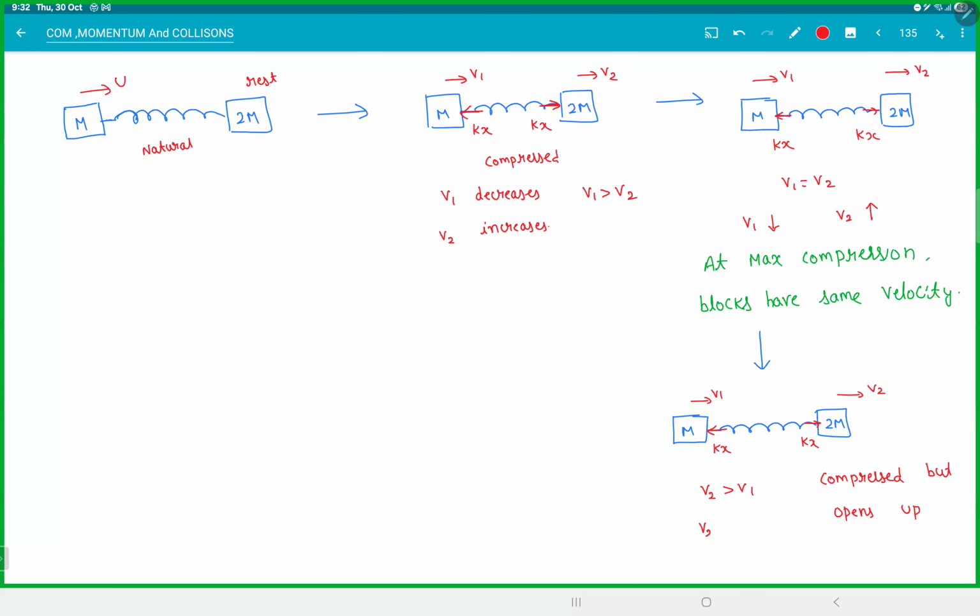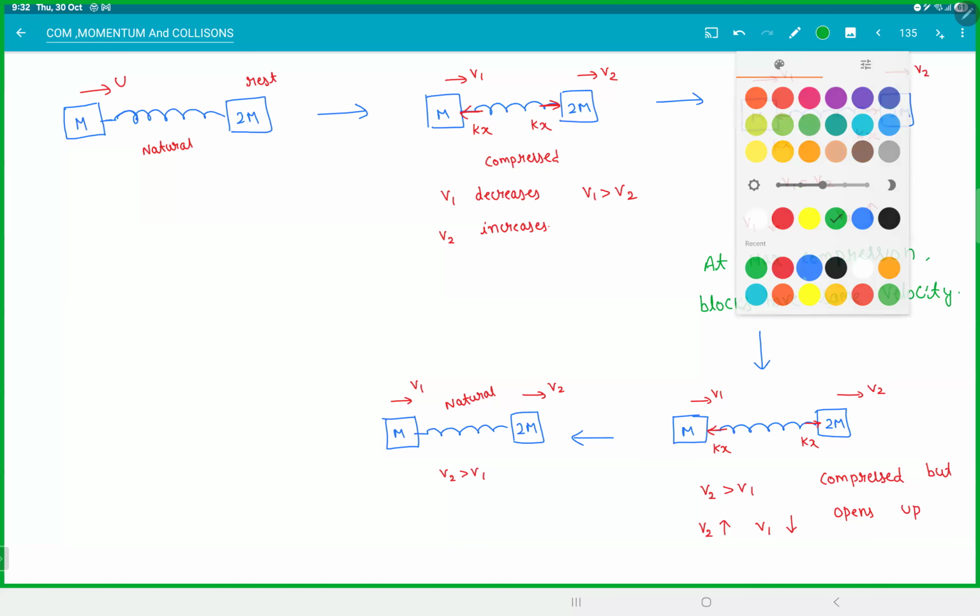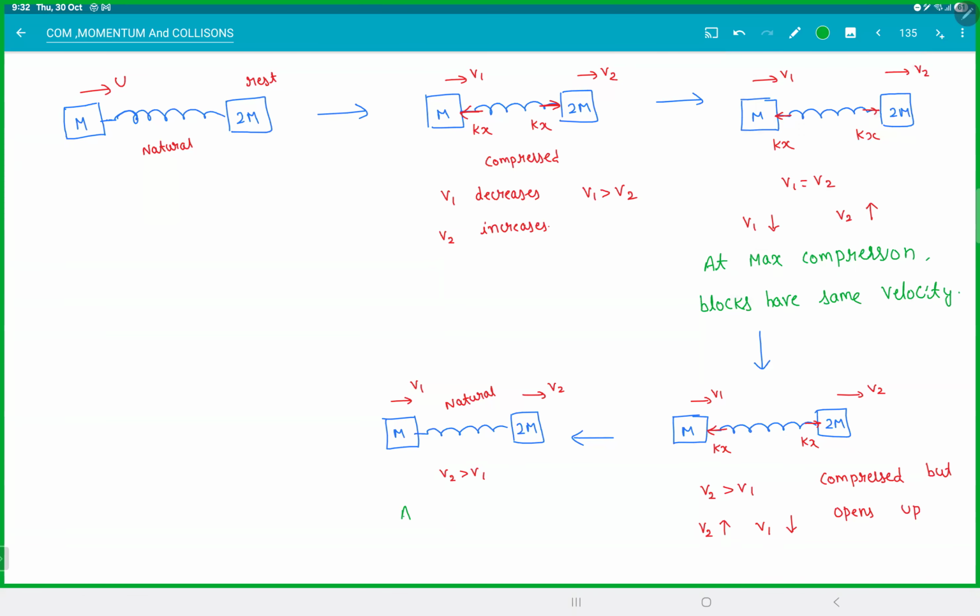And V2 is increasing and V1 is still decreasing. Then the spring completely opens up. The spring comes back to natural length. We can clearly see V2 has become greater than V1. There is no force.